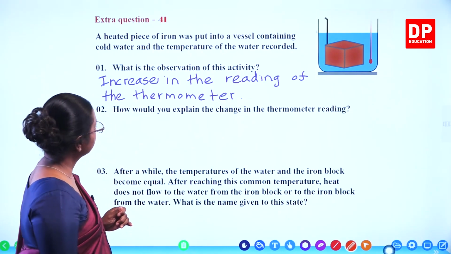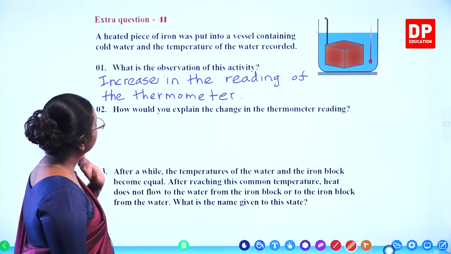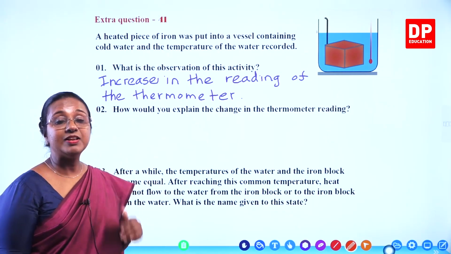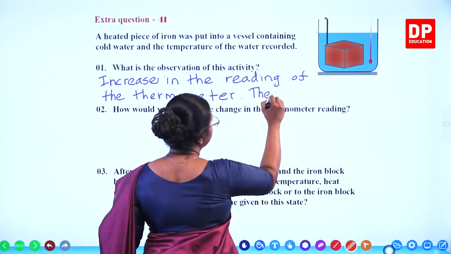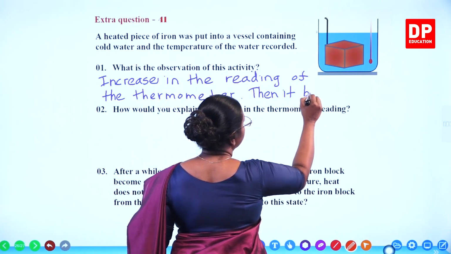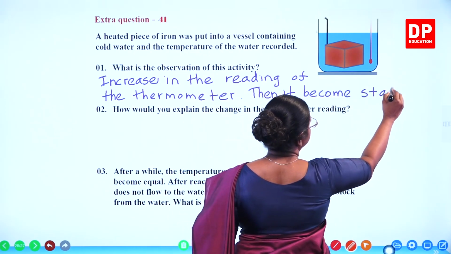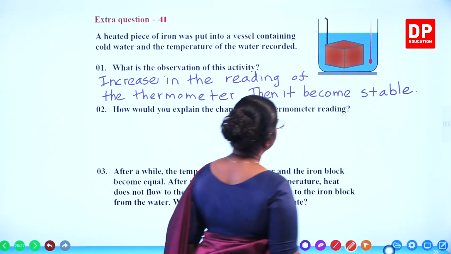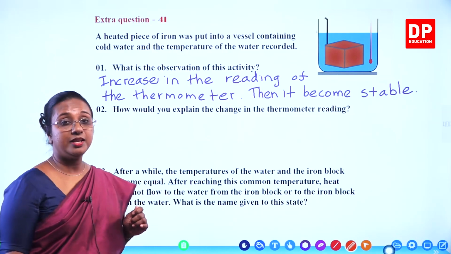Then the second question, how would you explain the change in the thermometer reading? So it will increase first and it will reach a fixed point. So that also can be included here. Then it becomes stable. So how would you explain the change in the thermometer reading?